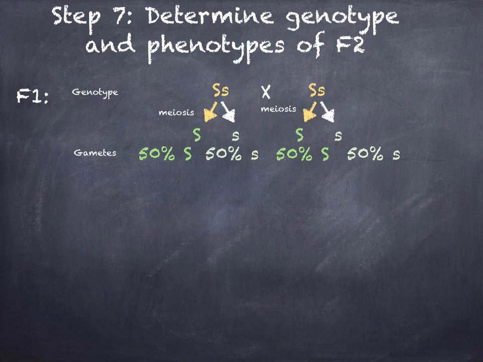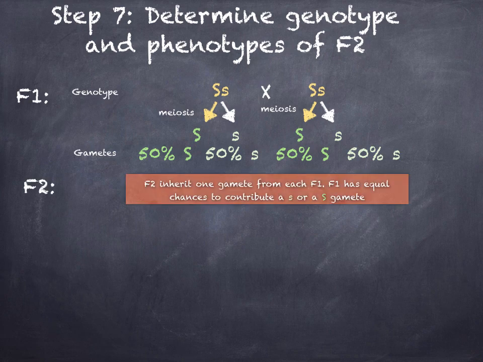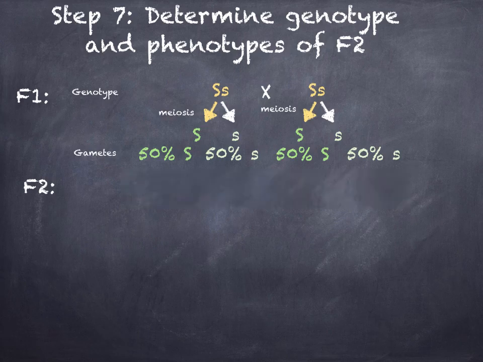You remember that the F2 individuals will inherit one gamete from each F1 parent. Because the F1 has equal chances to contribute a small s or a big S, what will happen in the F2 will be several possible genotypes, because all the combinations will be possible.